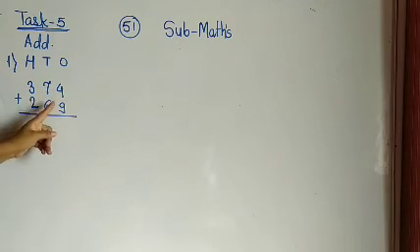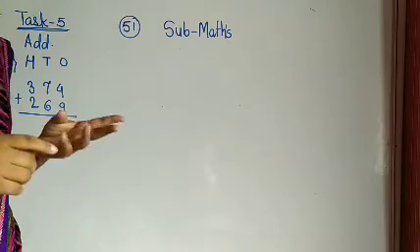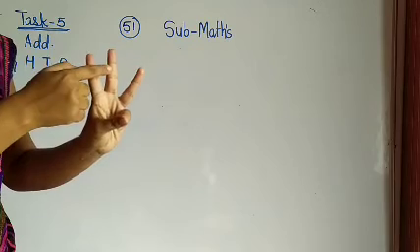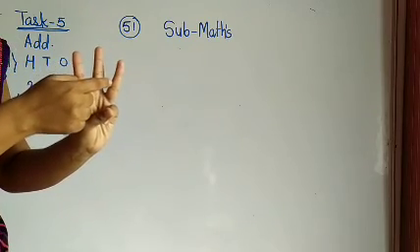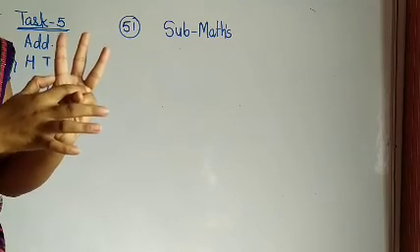Now 4 plus 9. After 4 you have to count 9. See which ones are the 9: 1, 2, 3, 4, 5, 6, 7, 8, 9. Up to this much, 9 are there.